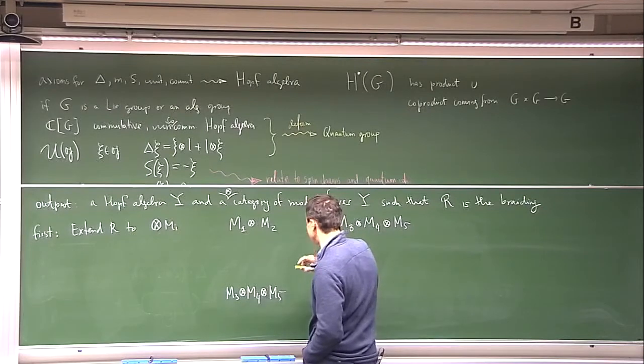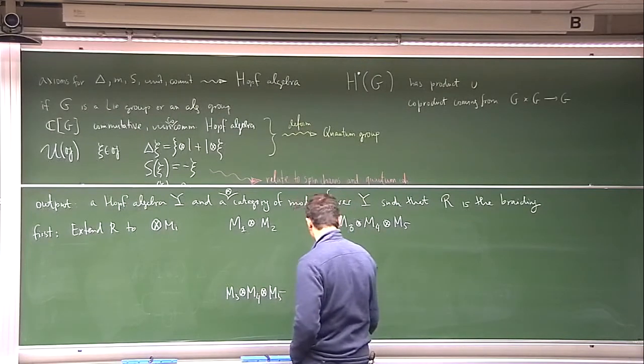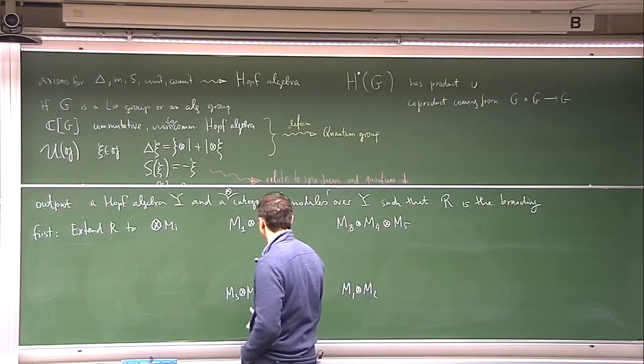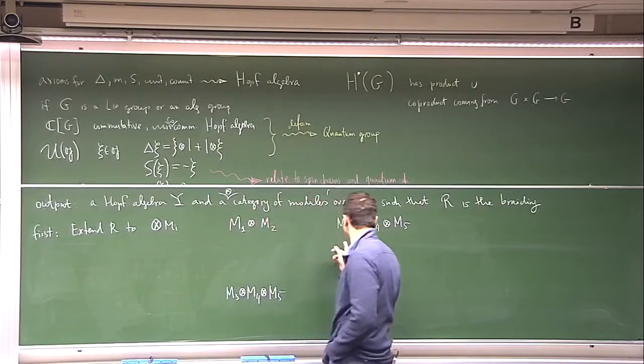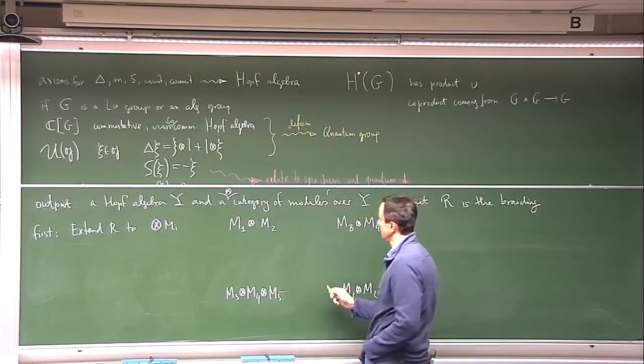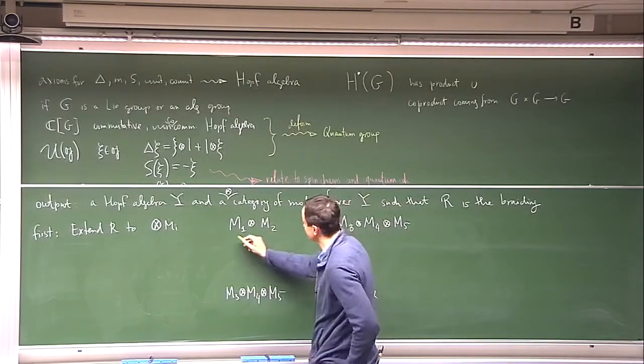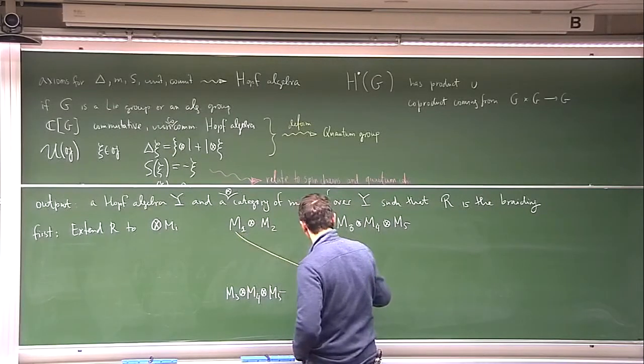I just take a product over all crossings in this diagram.